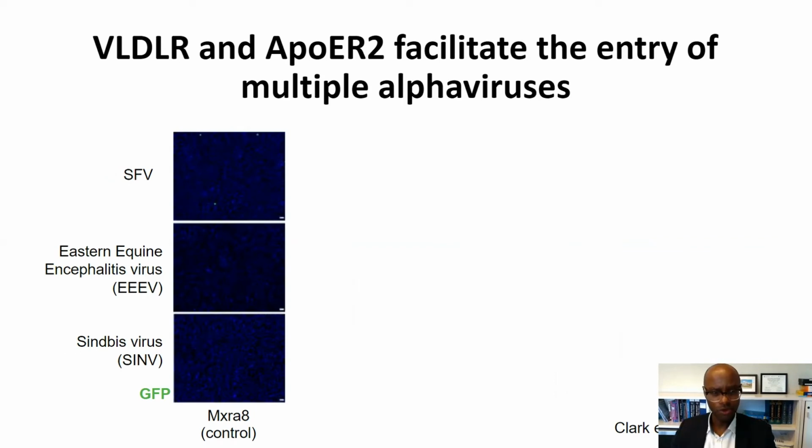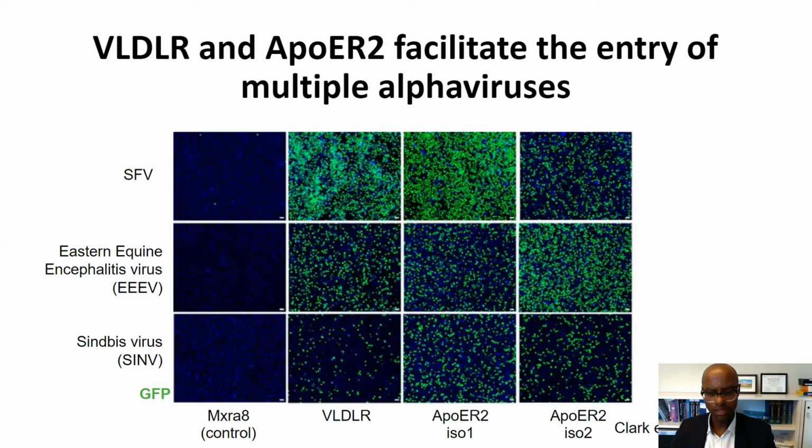So the next set of experiments, we'll show you only the ones that worked. We tried to see if we took K562 cells, with SFV or EEEV or SINV, the related Old World alphaviruses, on K562 cells, here in this case expressing MXRA8, the chikungunya receptor. We saw no entry, but when we expressed VLDLR or two isoforms of ApoER2, all of a sudden we saw very robust entry.